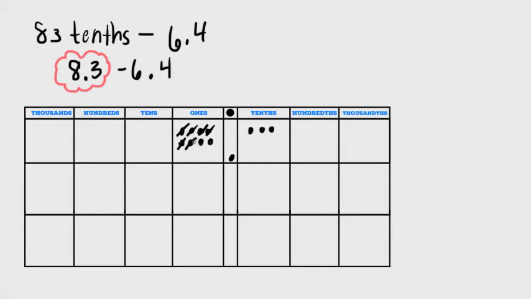Now, most of us would think, okay, that's great. But what happens when we need to take away 4 on this side? We can't. So what we need to do is borrow.